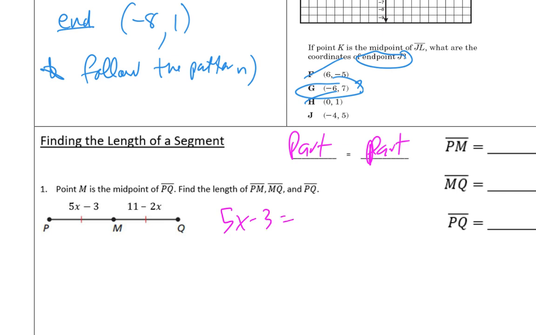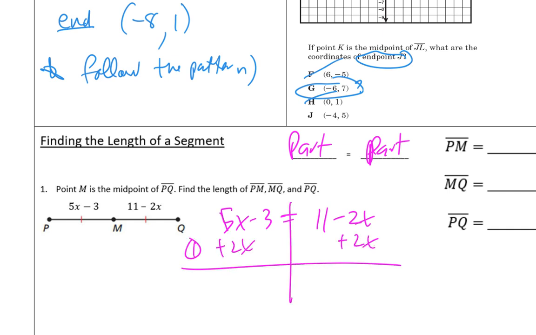5x minus 3 equals 11 minus 2x. Okay, so to find each of these, we have to figure out what x is, right? So let's do that. First step, we're going to add 2x. 7x minus 3 equals 11, the 2x cancels.